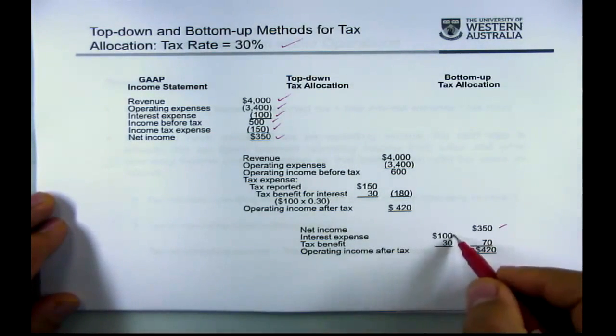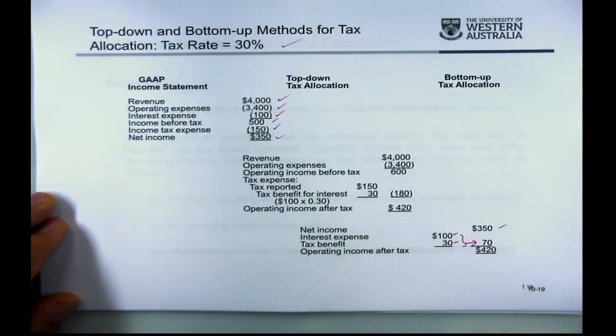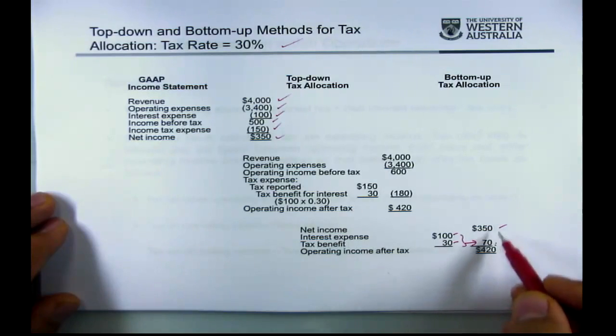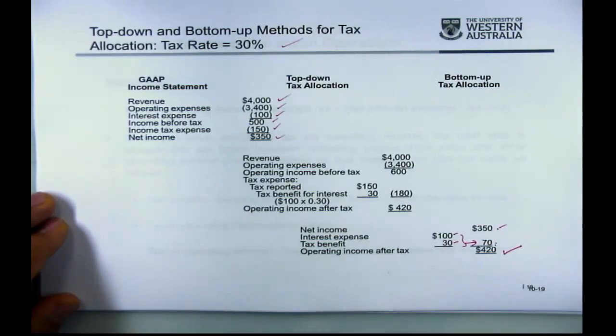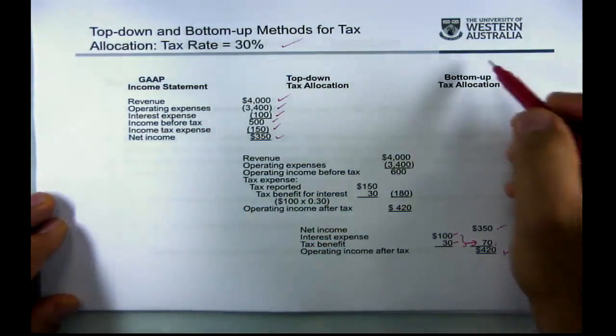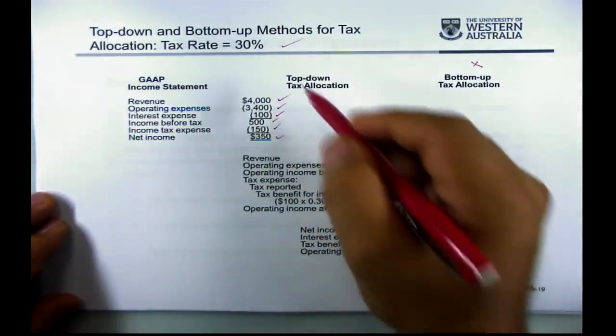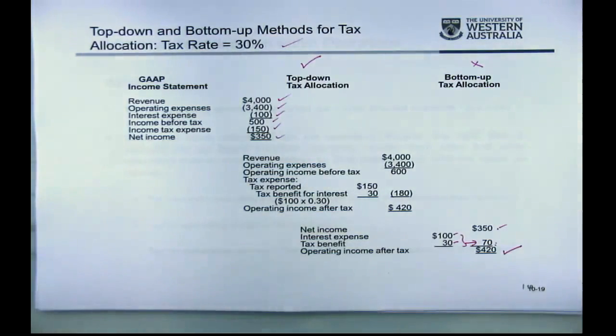We add the interest expense and calculate the tax benefit. So this is the after-tax net interest expense. We add the after-tax net interest expense to the net income. We get the operating income after tax. This is the bottom-up approach. It is not very informative, so we prefer the top-down one because it is more detailed and more informative.